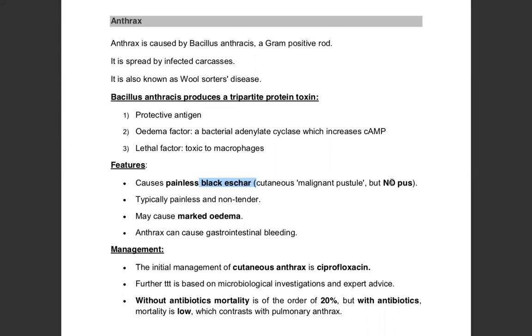So just let's have a quick look to our scar. This scar is totally black.